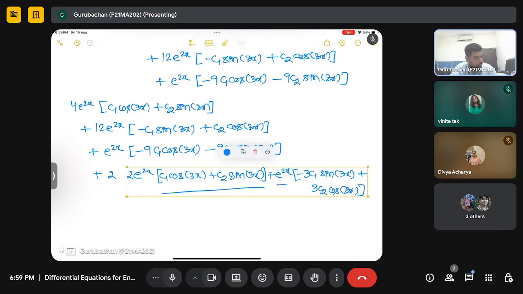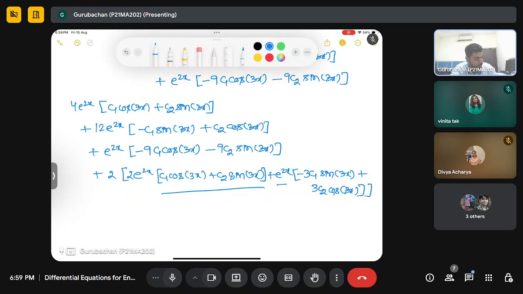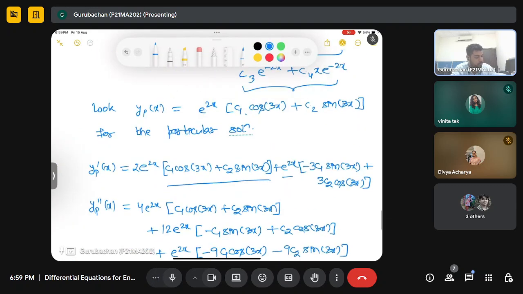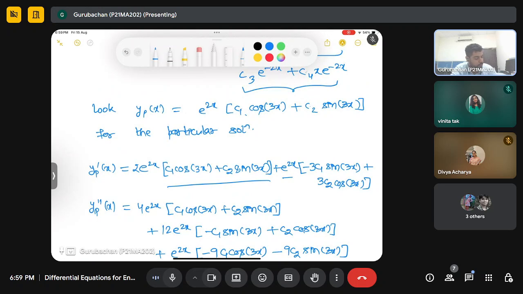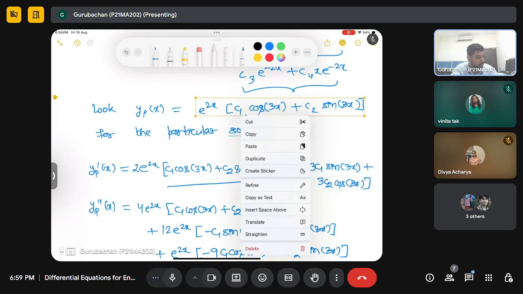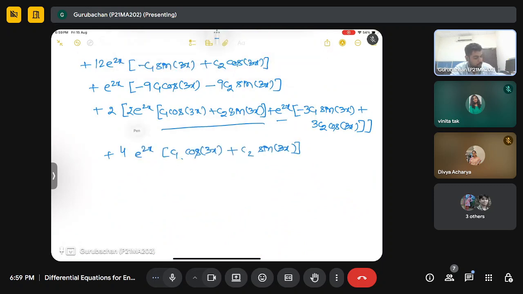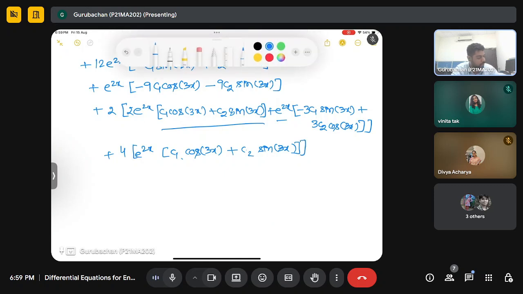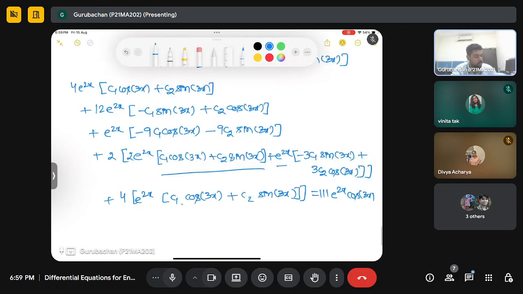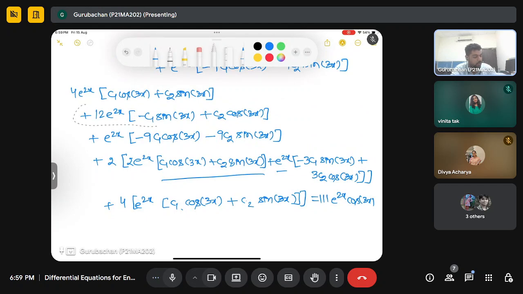Next one is 4 times of our yp. So 4 times of this yp. This will be equal to 37 times e to the power 2x cos 3x. So this is our whole equation.